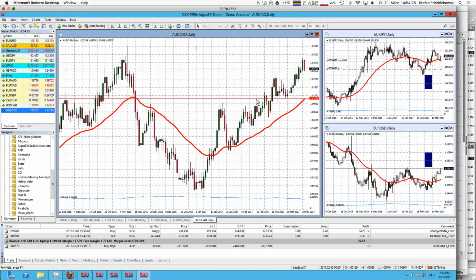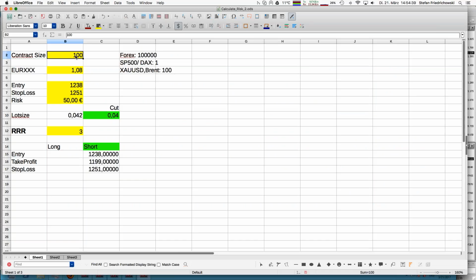The question mark here is simply the lot size, but we can calculate. So stop loss would be 1.0122, and let me check the calculation. Contract size for Forex is always 100,000. Exchange rate to Euro Canadian dollar is 1.43.